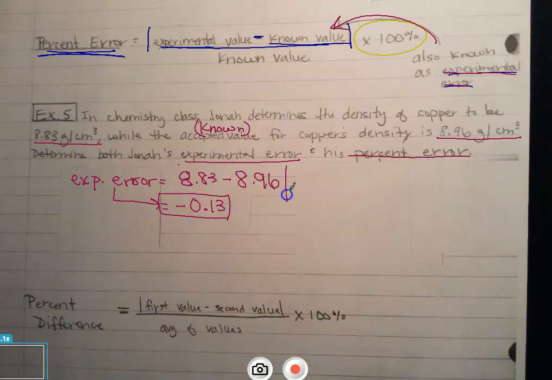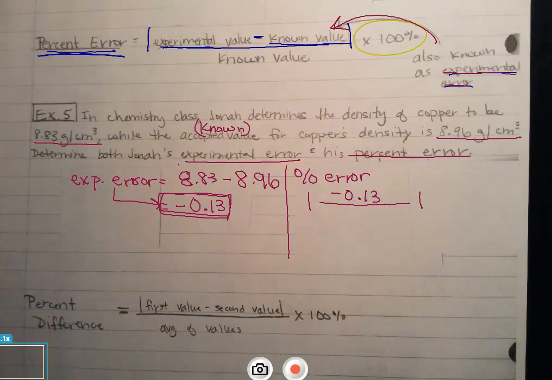Now to do his percent error, we're going to use the formula up here. That is the absolute value in a numerator and a denominator. The cool thing about having found this first is we just put it inside there: the absolute value of negative 0.13.